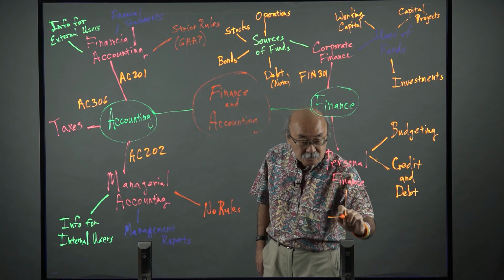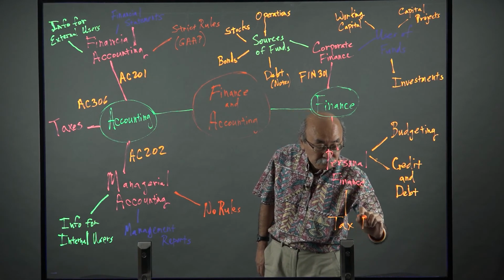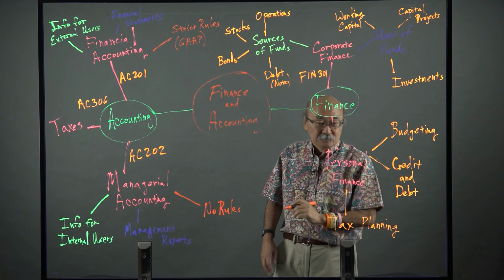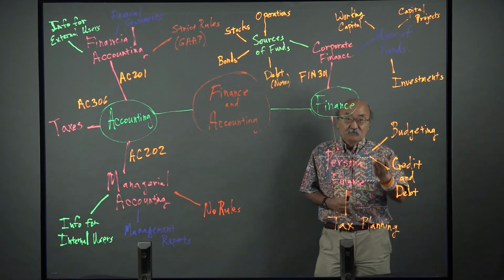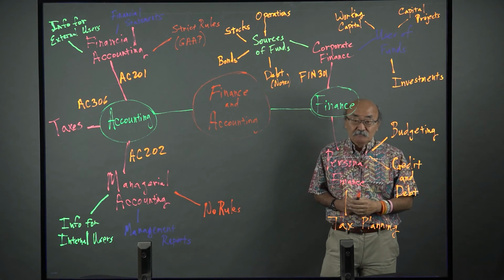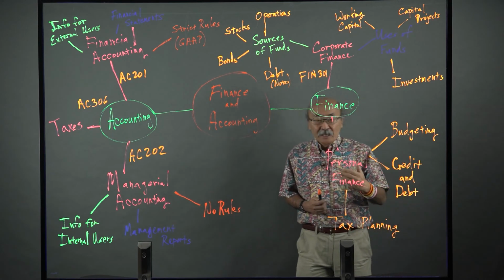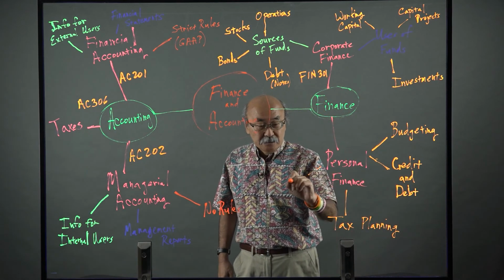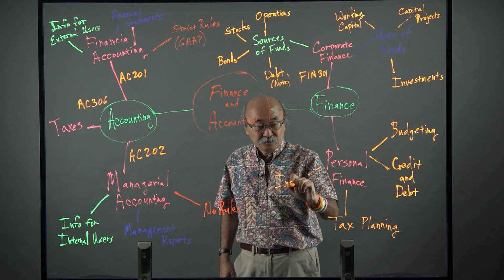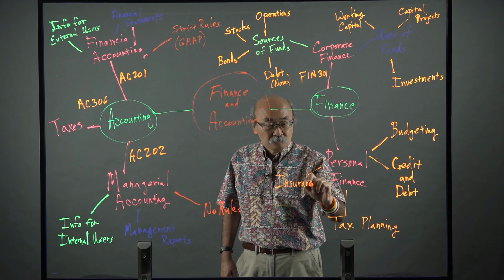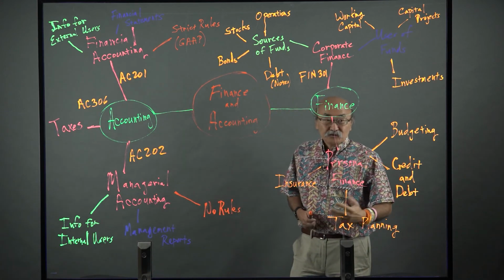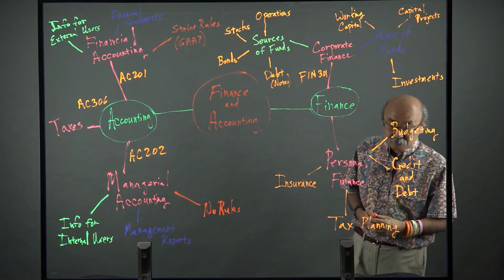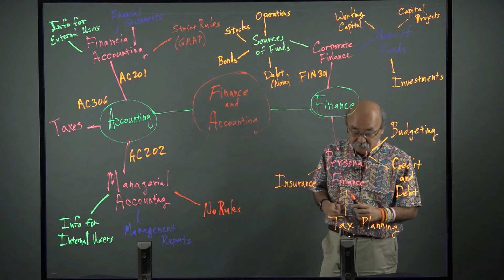Also, tax planning. Okay, all individuals have to pay taxes, so personal finance also includes planning for paying as least amount of taxes possible, and also includes insurance, life insurance, fire, health insurance, all those kinds of things. Okay, there's some of the topics in personal finance.